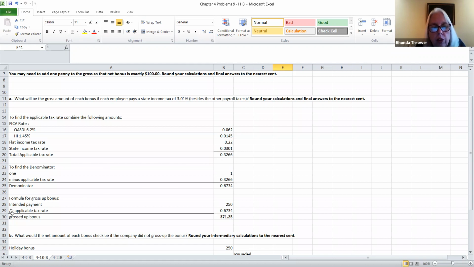So right here where it's got 1 minus the applicable tax rate, that's where I'm figuring it. 1 minus all of these tax rates combined leaves you with a denominator figure of 67.34% or 0.6734.